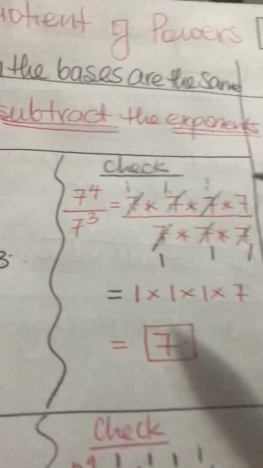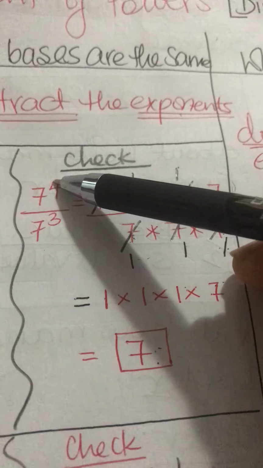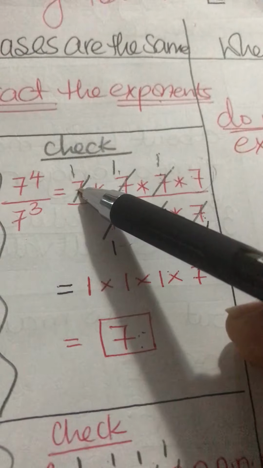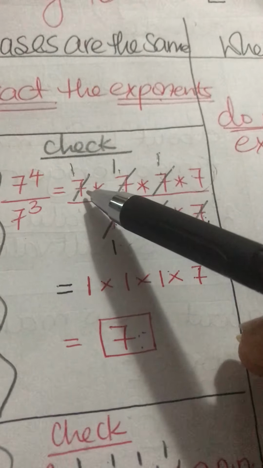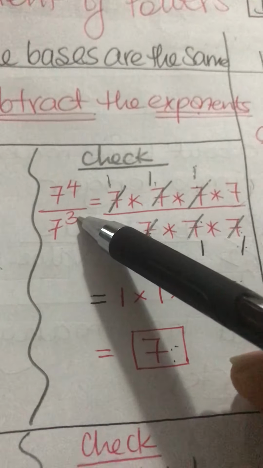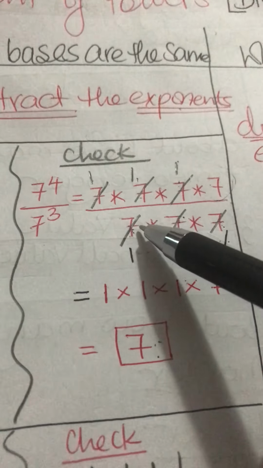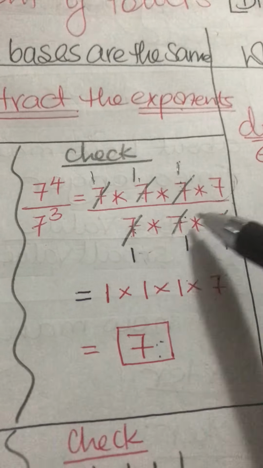Let us check. So, in our numerator, we have 7 to the 4th power. So that means I'm going to write 7 4 times and multiply. 1, 2, 3, 4. Then I'm going to write 7 to the third power and multiply. So that means 7 3 times and multiply. 7, 7, 7 and multiply.